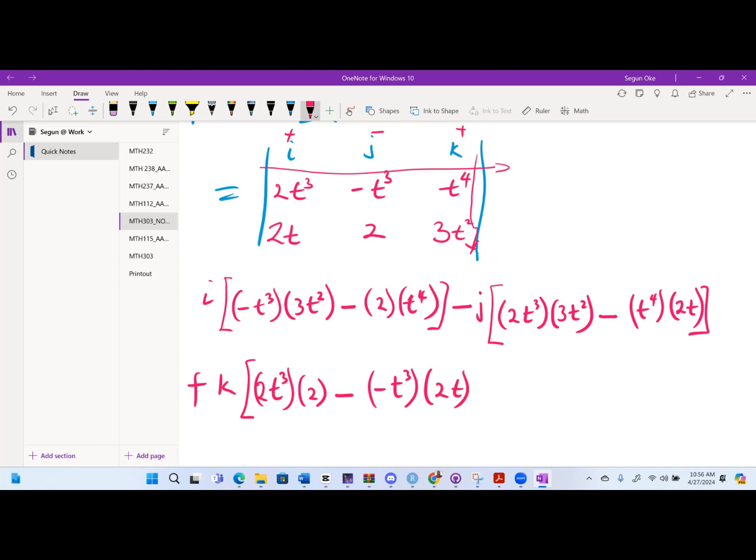Don't forget. So let's open the brackets one after the other.